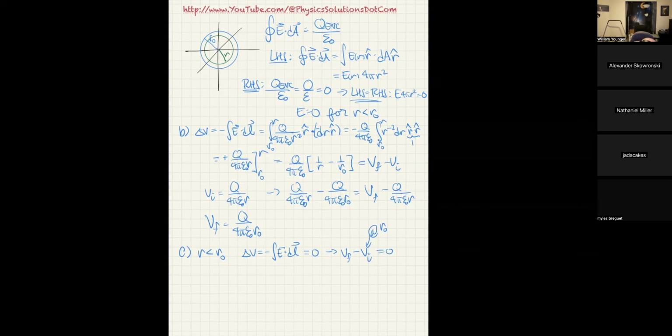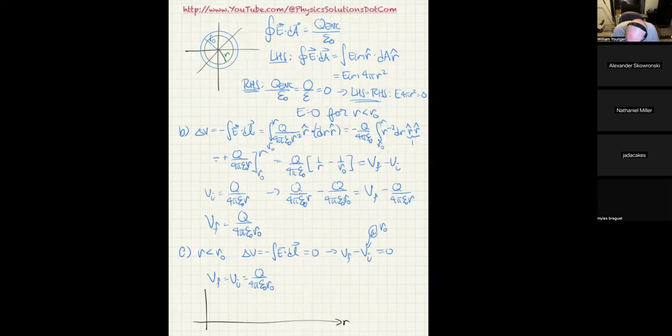So V final is actually equal to V initial, which is Q over 4 pi epsilon naught R0. If we make a plot of voltage versus distance, we get a quantity Q over 4 pi epsilon naught R0 that happens to be right here, equal to R0.